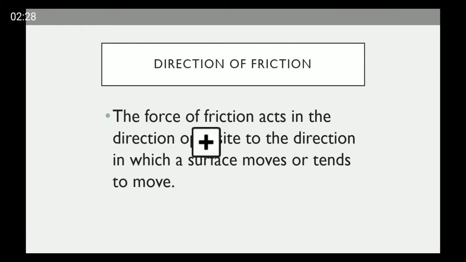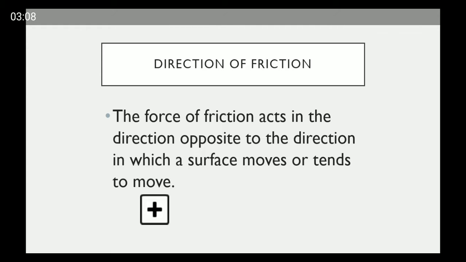The force of friction acts in the direction opposite to the direction in which a surface moves or tends to move. That is, the force of friction acts in the direction opposite to the force applied, which causes or tends to cause relative motion between the contact surfaces.